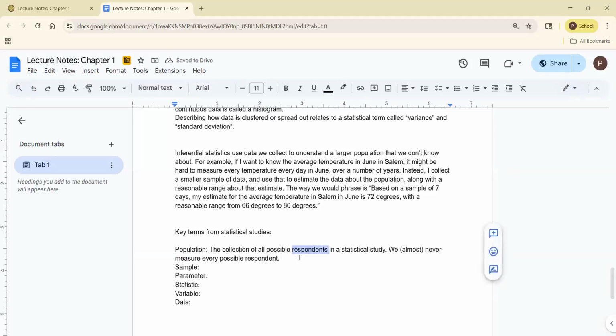So a respondent, as an aside, doesn't have to be a person. It could be a day, right? Or an hour, or a car tire if we're measuring tire pressure, etc.